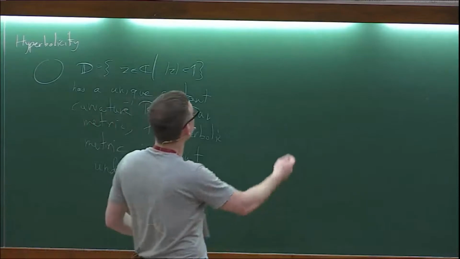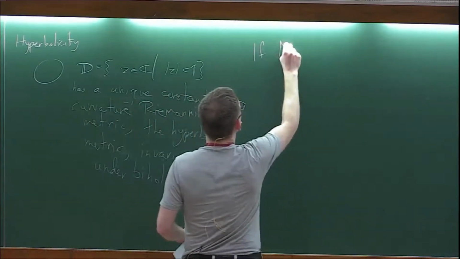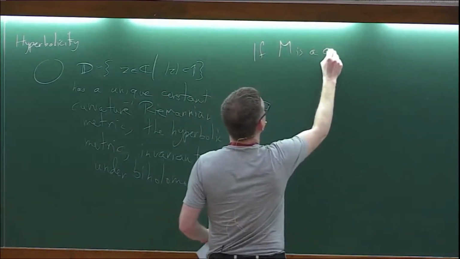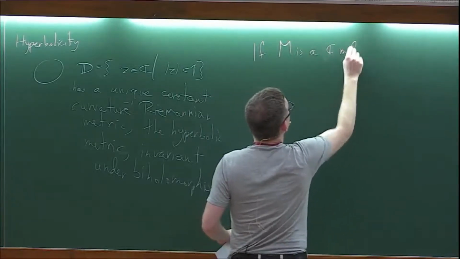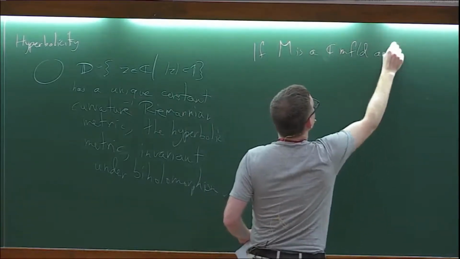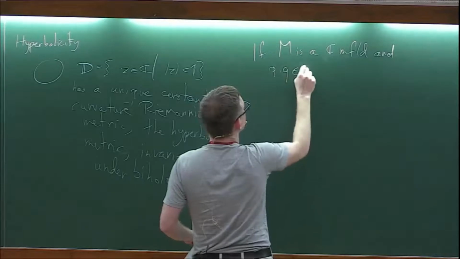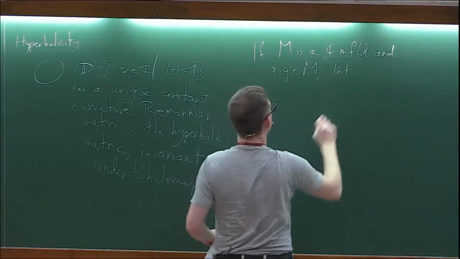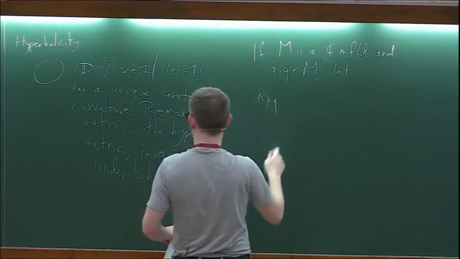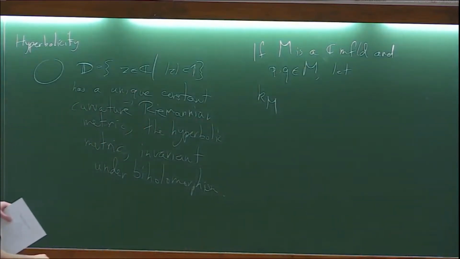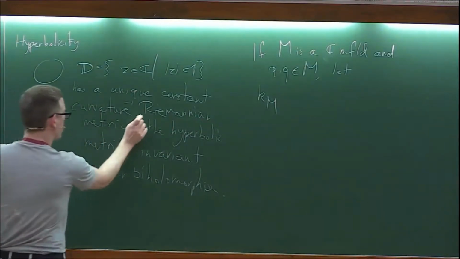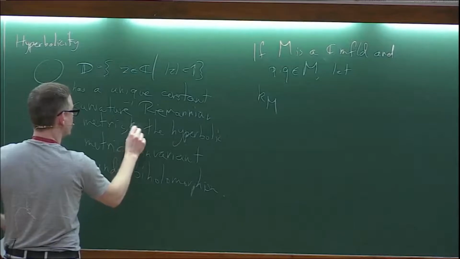And so if M is a complex manifold, and P and Q are points of M, we let Km, maybe I should give this a name also, the disk has a unique constant curvature Riemannian metric, which is called K of the disk.